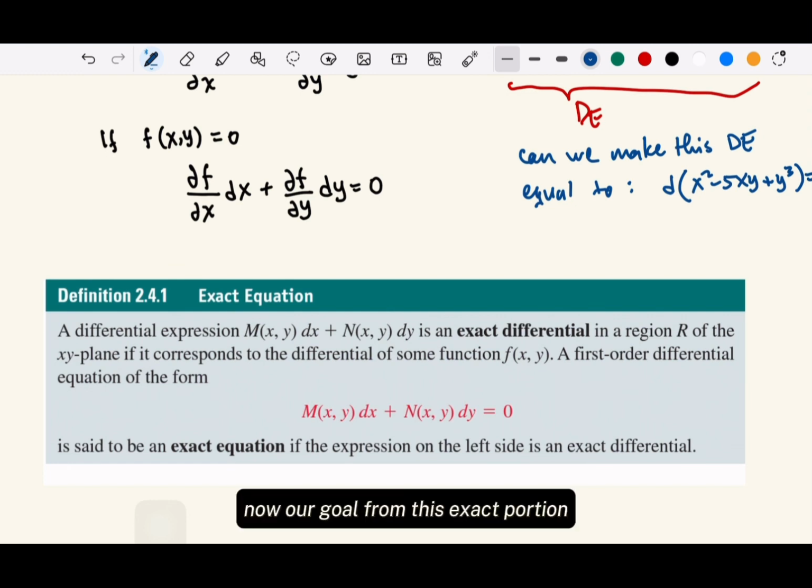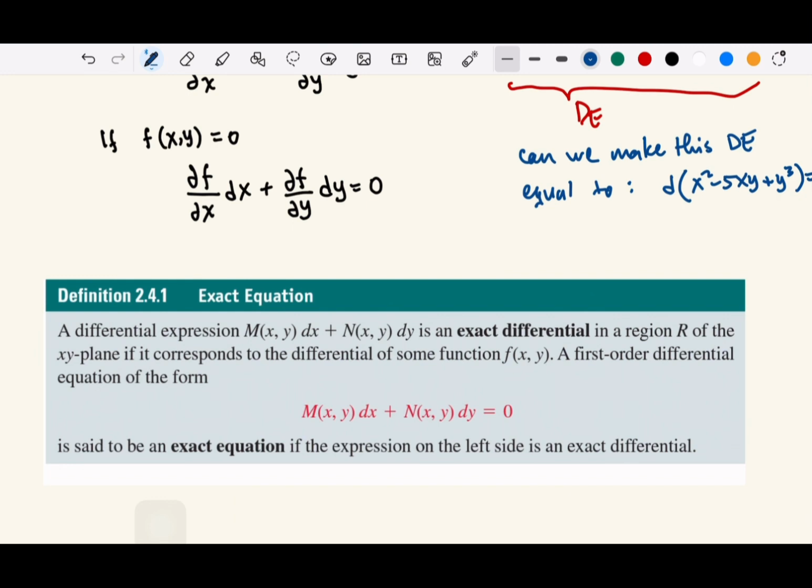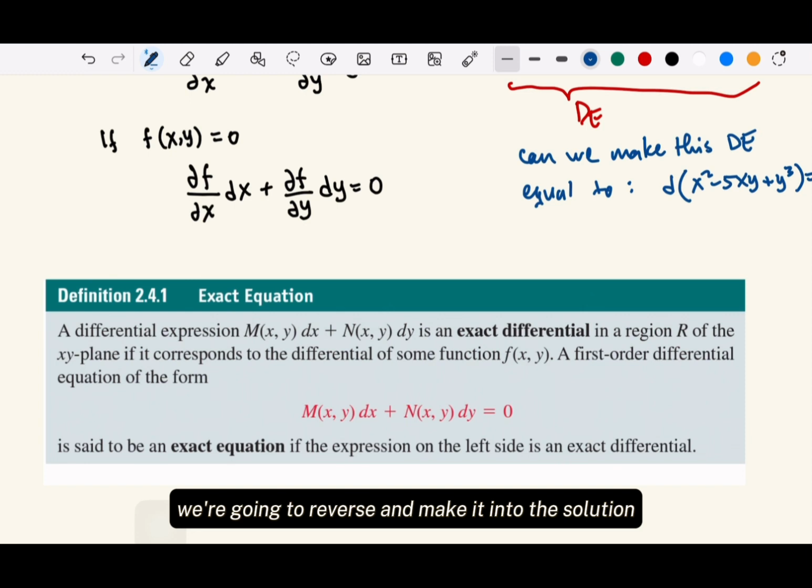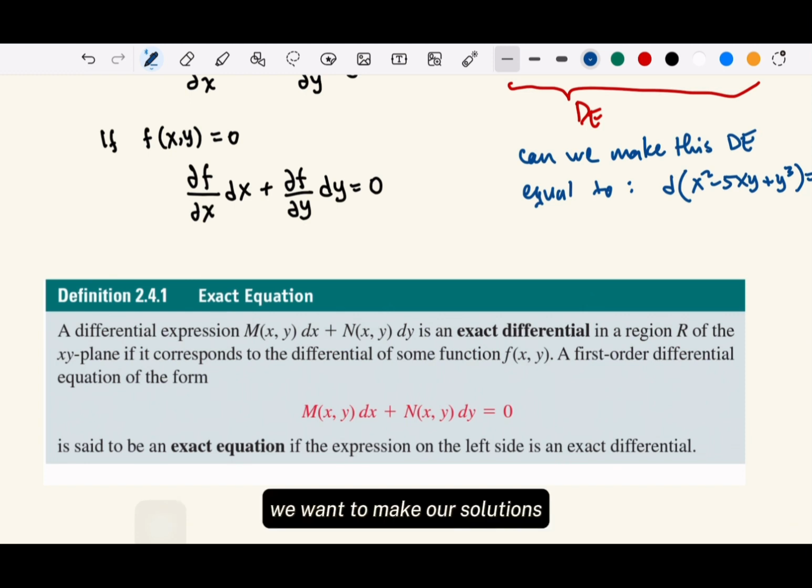Now our goal from this exact equation is to reverse it and make it into the solution. We want to make our solutions.